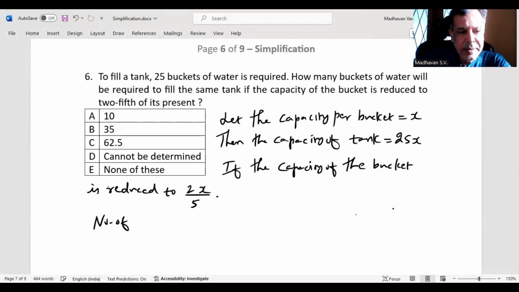The number of buckets required now will be to fill the tank basically.